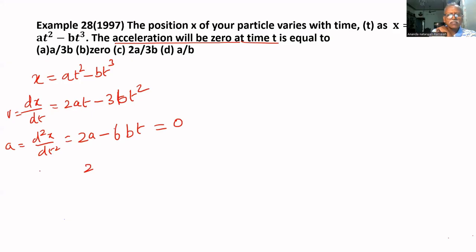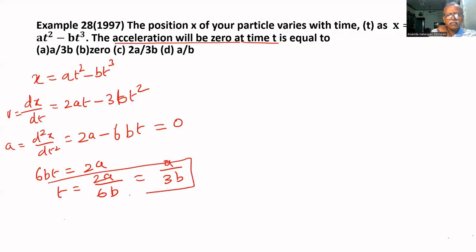Therefore 6bt equals 2a, or t equals 2a divided by 6b, which is a divided by 3b. At this time the acceleration will be 0. So a divided by 3b, A is the answer.